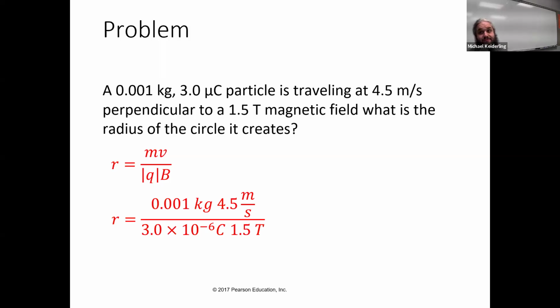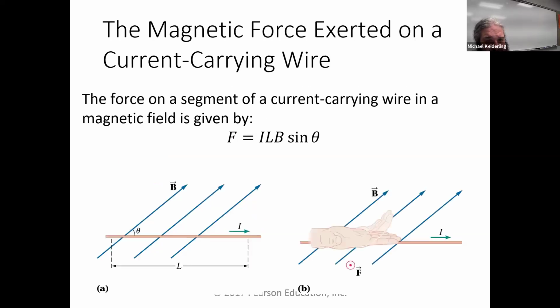They just go around the circle the opposite direction. So 0.001 kilograms times 4.5 meters per second divided by 3 times 10 to the minus 6 coulombs times 1.5 Tesla gives you 1,000 meters. So this would be a circle with a radius of 1 kilometer. In general, what we do is we make much lighter particles move much faster.